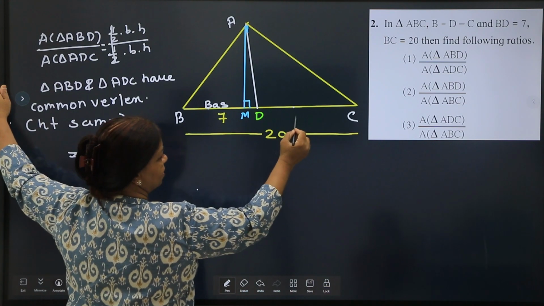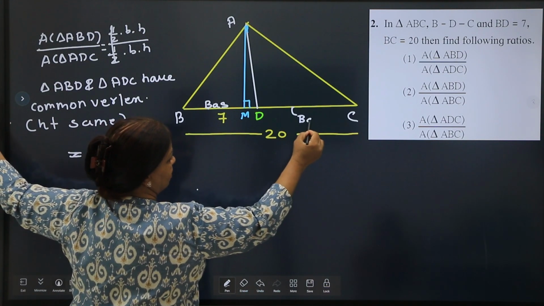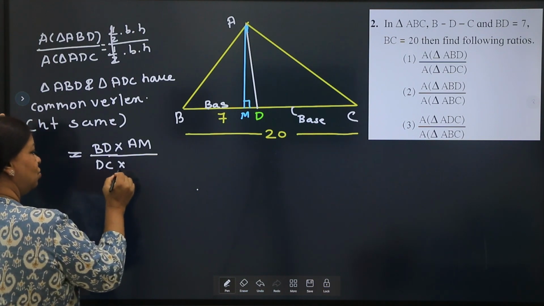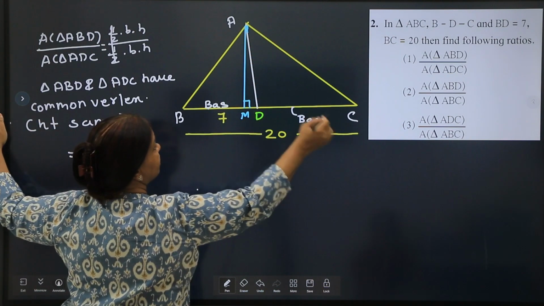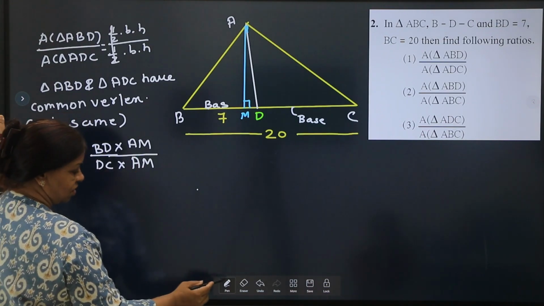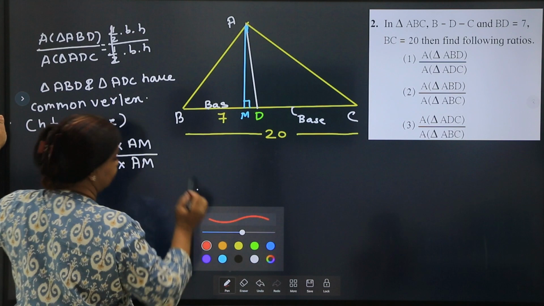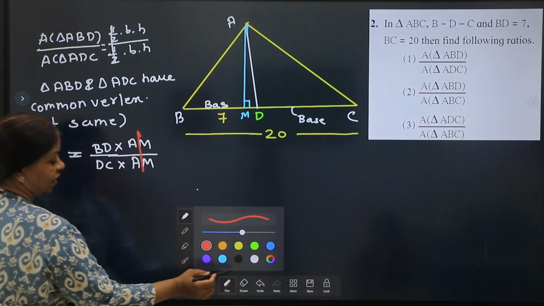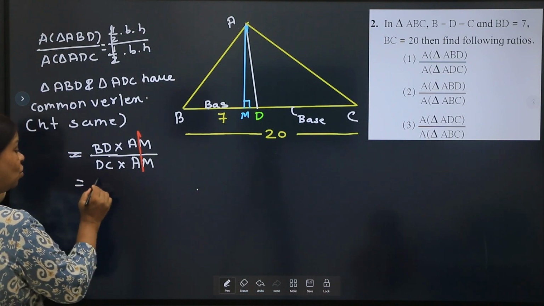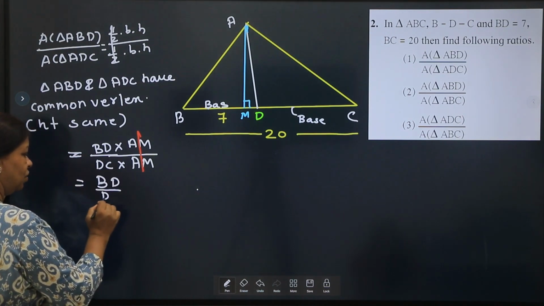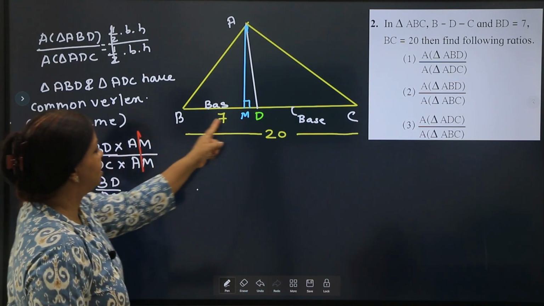This is the base, DC. So let me write here DC into, what is the height of ADC? AM. Now you see children, AM and AM get cancelled because same height. So we are getting BD upon DC.